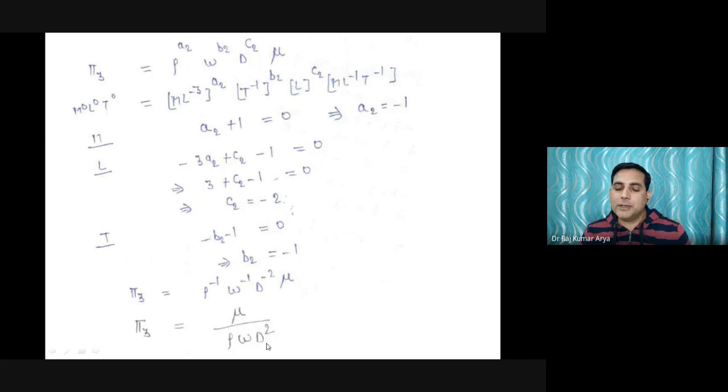So omega d you can bifurcate into d omega into d. So d omega would become your velocity, right? V equal to r omega, right? Yes or no? Linear velocity is r omega, correct? So this is your Reynolds number.